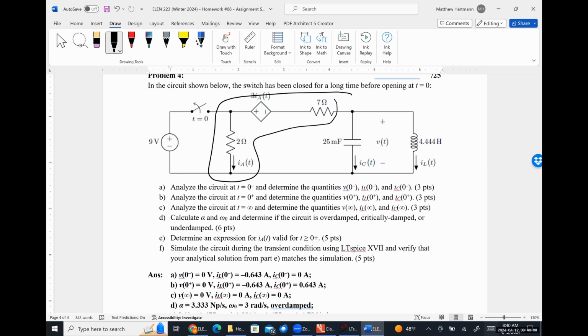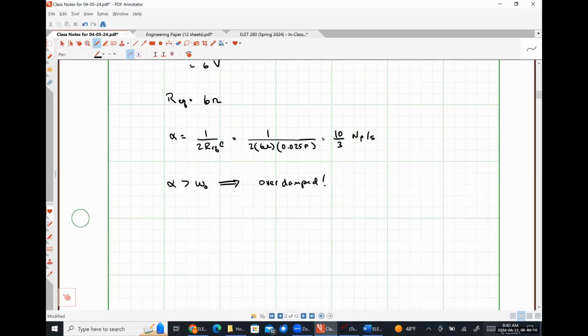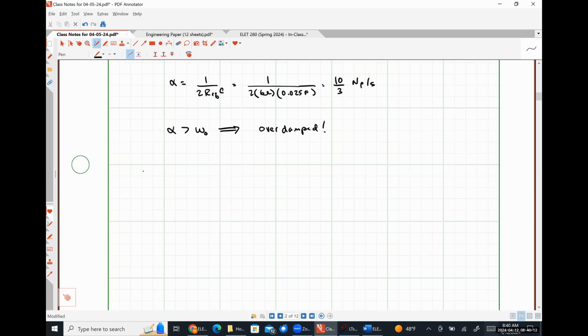So from here, we know that v of t, treating this as if it were a capacitor voltage, because it absolutely is, will be of the form A1 e to the s1 t plus A2 e to the s2 t plus v at infinity. And we know for sure that this is 0, so we're just going to throw that bit away.